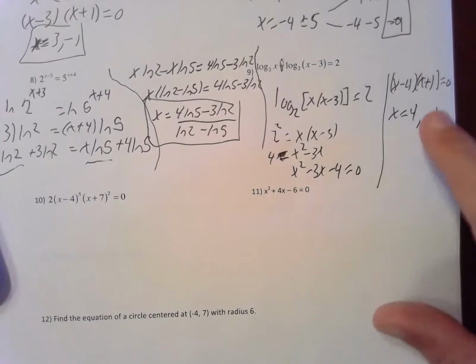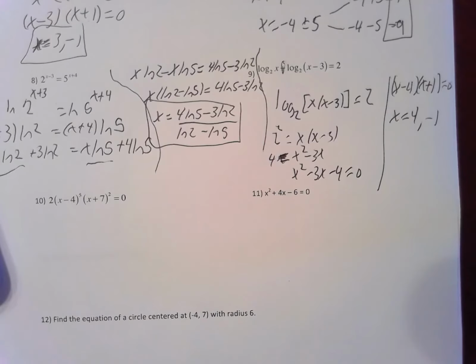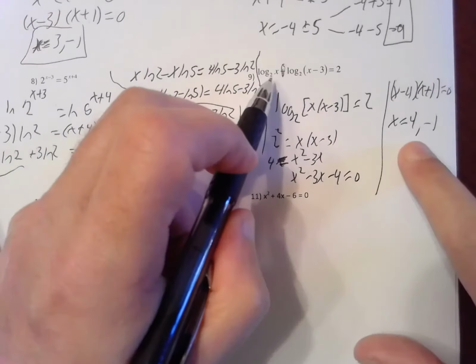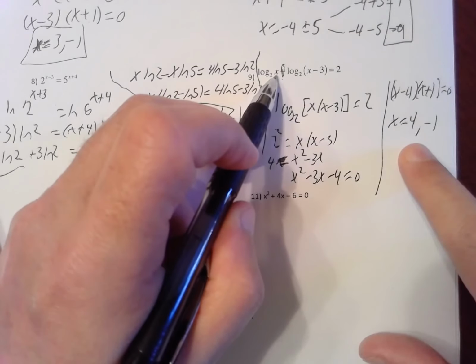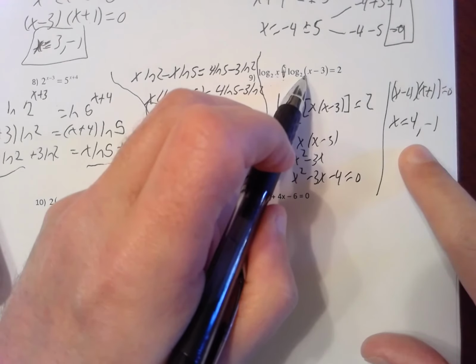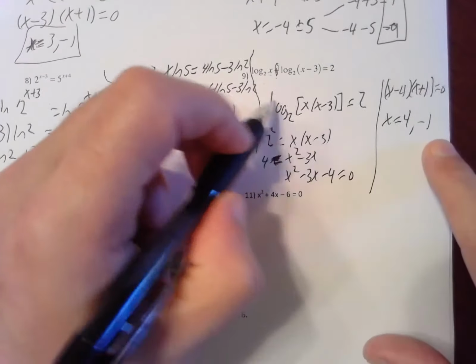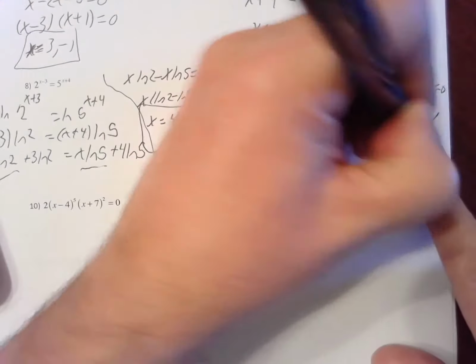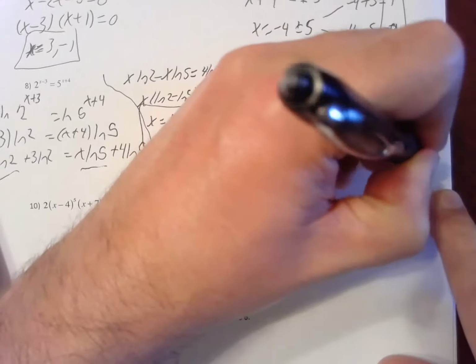But we have to check our answers. You can't take a log of a negative or 0, so we have to make sure these answers are allowed. So if I use 4, I can take log of 4. 4 minus 3 is 1. I can take log of 1. That guy's good. Negative 1. I can't take log of negative 1. I'm done. That one's no good. There's only one good solution.